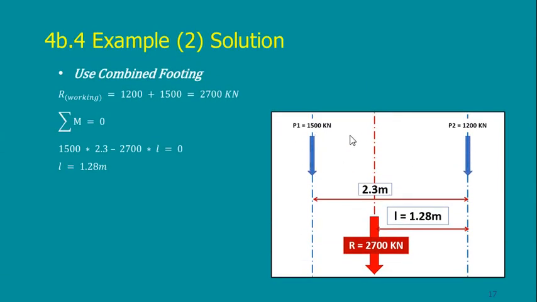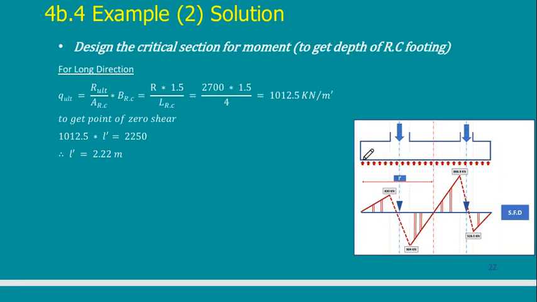These blue arrows represent the original loads, and this red arrow is the resultant of both. Now I replaced the resultant with these small arrows because they represent the reaction of the soil. This is the actual loads coming on the footing, and this is the actual reaction coming from the soil.